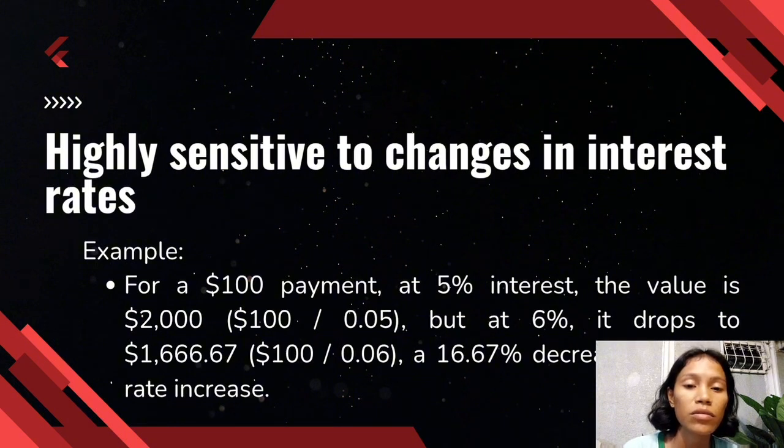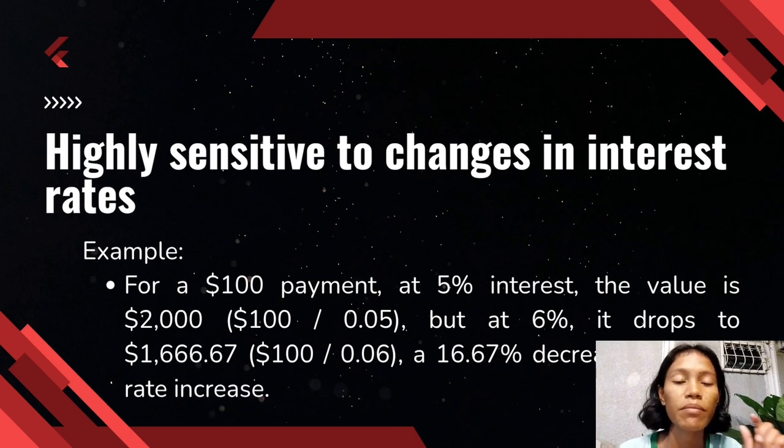At 100 divided by 0.06, that is a 16.67% decrease for a 1% rate increase. So, makita dayon jud ang difference. So, another disadvantage sa perpetuity is highly sensitive sa changes sa interest rate since dako ang effect sa value bisan gamay lang na changes.